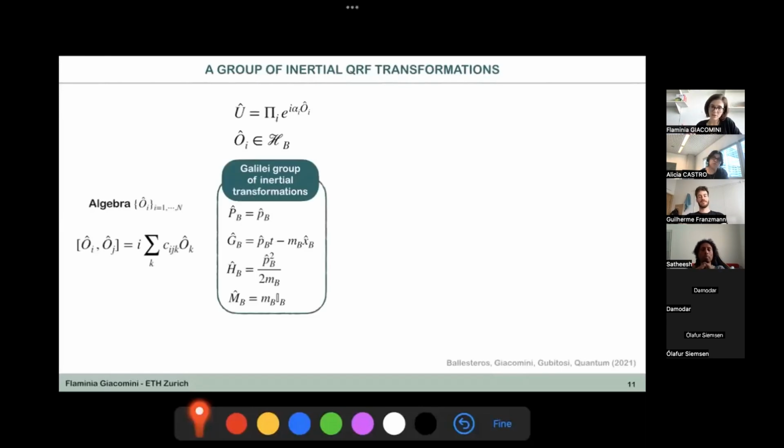So in standard Galilean quantum mechanics, this is your representation of the group of inertial transformations. In particular, the elements of the algebra just act on the Hilbert space of what we would call system B here, the system that is not taken as the quantum reference frame.